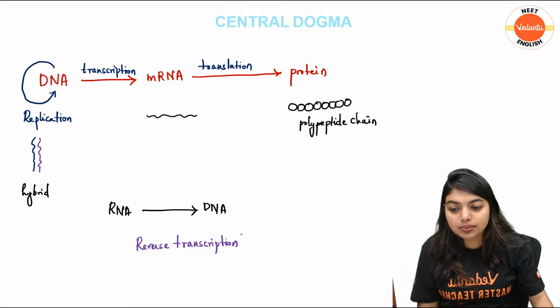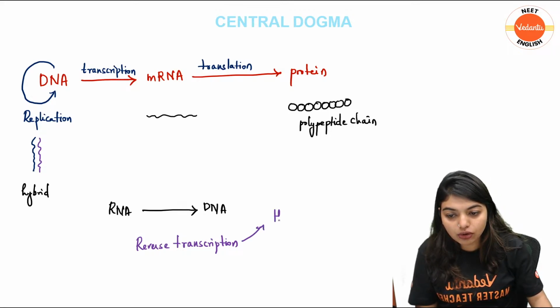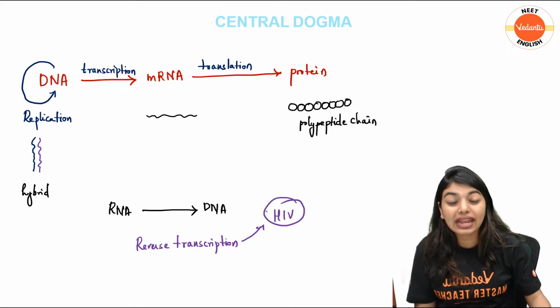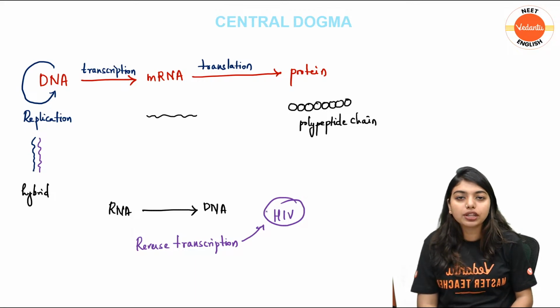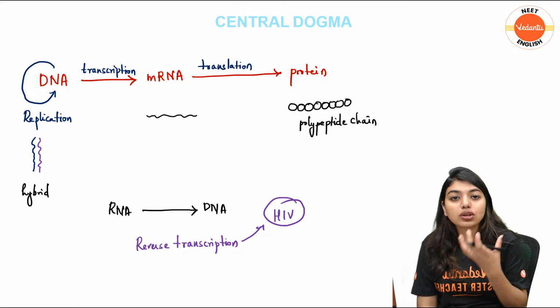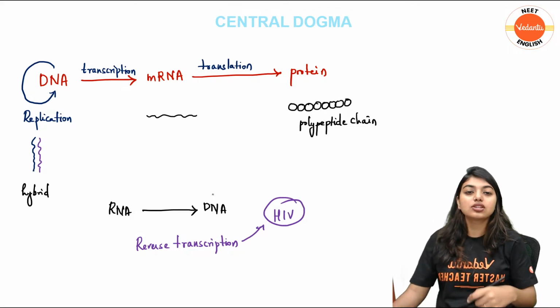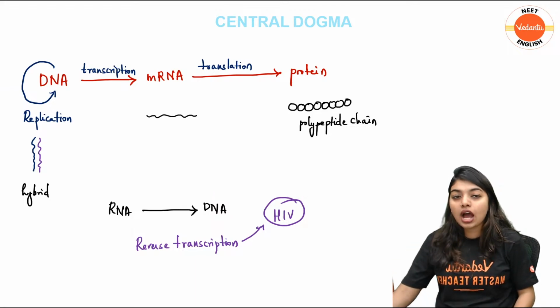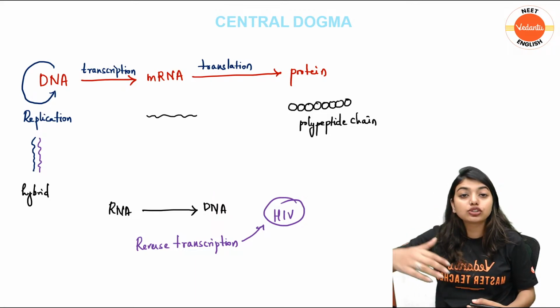Okay, this is possible by whom? This is possible by your HIV virus. Okay, AIDS causing virus, right? Human immunodeficiency virus, which causes AIDS. That is the reason why AIDS is not so curable, because why? How much ever you try, you will not be able to control the multiplication.